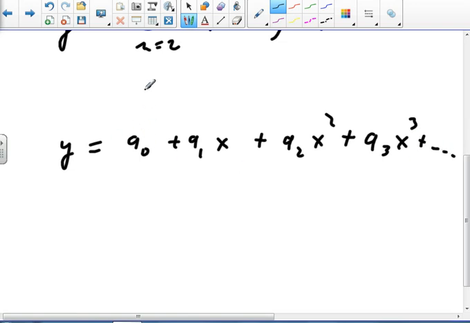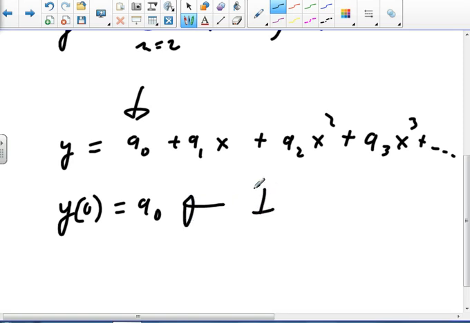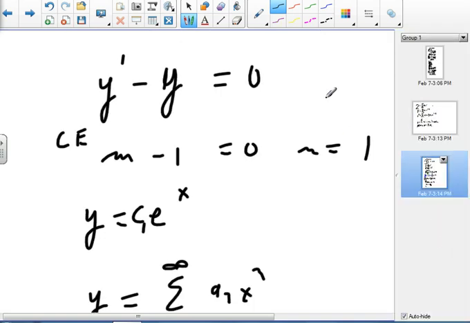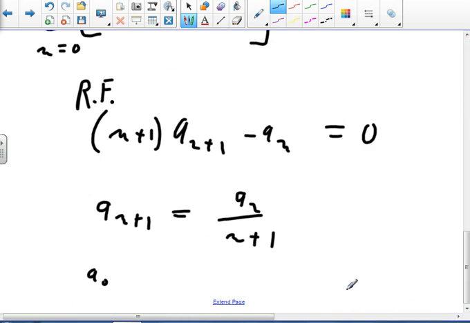What's a0? y at 0 is a0. That's an initial condition, right? What do we know about an initial condition? I don't know what it is unless you tell me, right? Okay. All right. Well, we'll go with that. All right. So what we're going to do is say a0 is arbitrary.